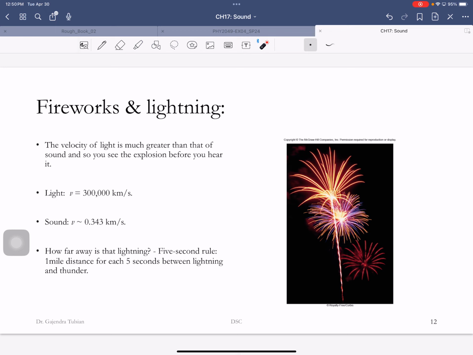And here's a rule, the 5-second rule. If you hear the thunder 5 seconds after you saw the lightning, that was 1 mile away. If you hear the thunder 10 seconds after you saw the lightning flash, that's 2 miles away. And if you heard and saw it at the same time, then that's probably the last thing you did.